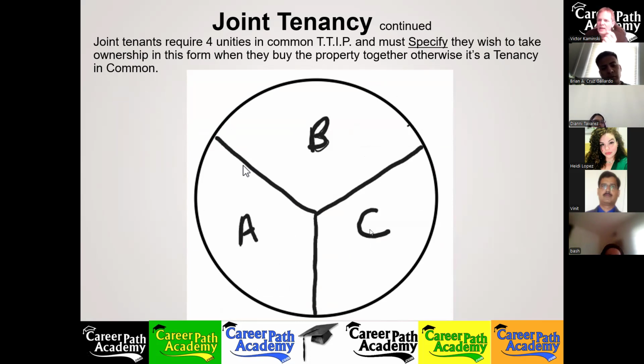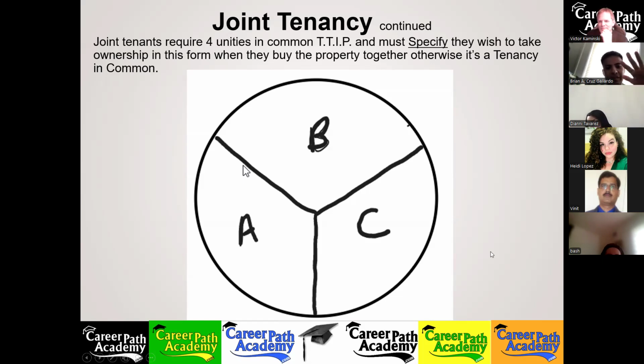Otherwise, you could meet all the requirements of TTIP, time, title, interest, and possession, but if you don't specify you wish to take ownership as joint tenants, the default form of ownership is tenancy in common. You would be tenants in common if you do not specify that you want to create a joint tenancy. That's what I was talking about there.